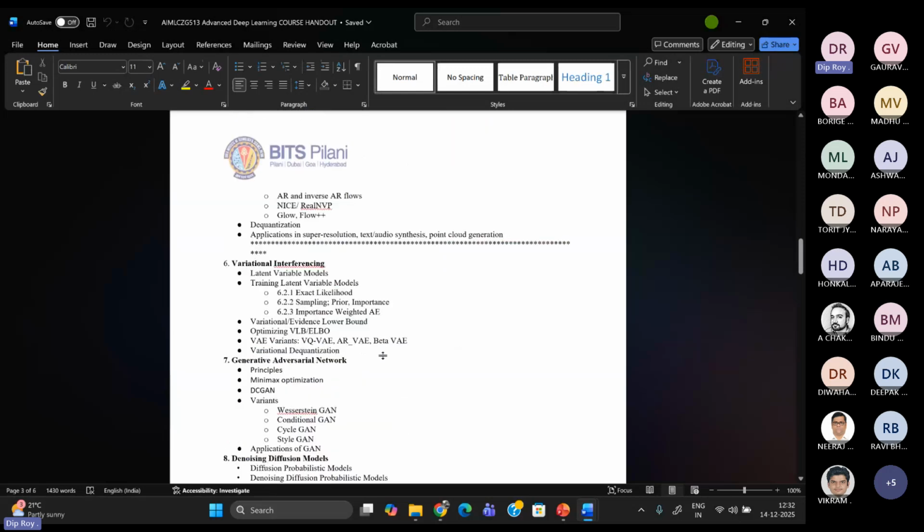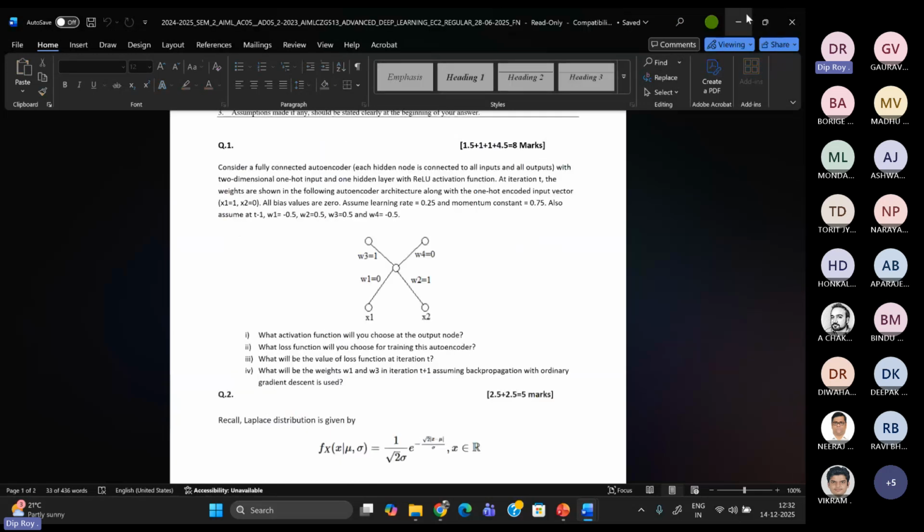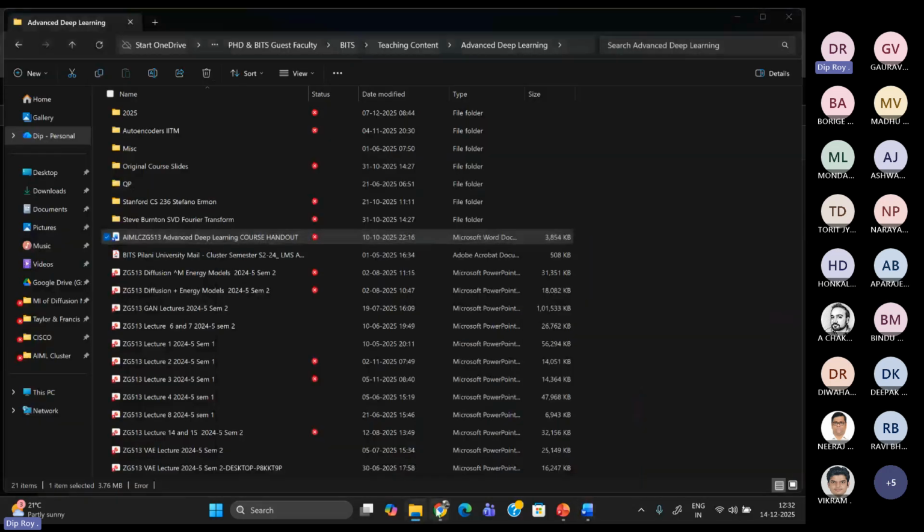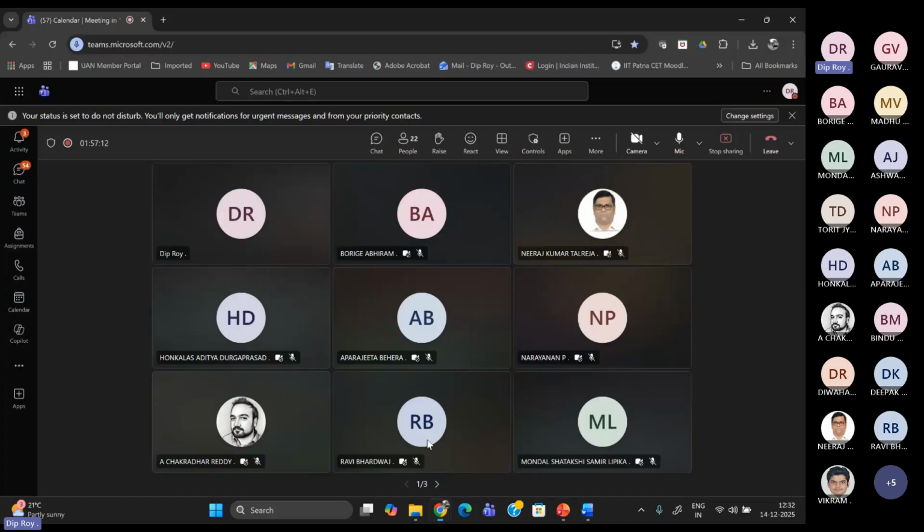But I wanted to cover VAE because without VAE, I always feel it doesn't make sense to go through normalizing flow models and why exactly we are using them. But you don't have to go through VAE. In fact, in the past question papers, you have seen that there are no VAE questions.